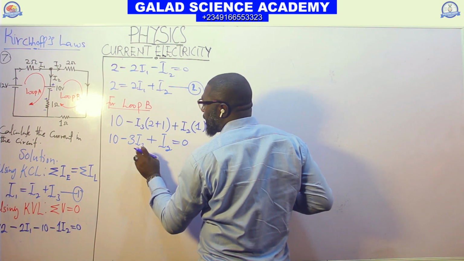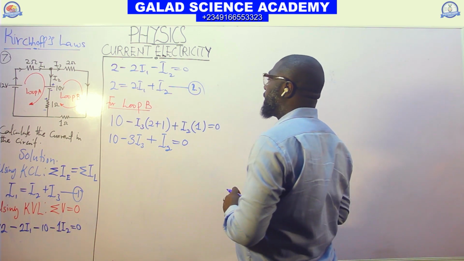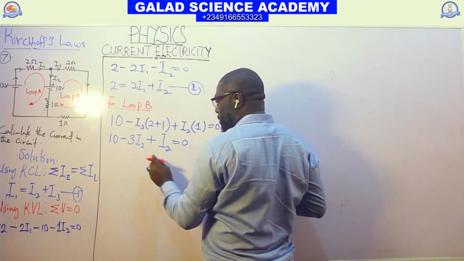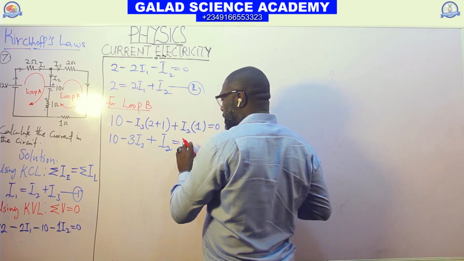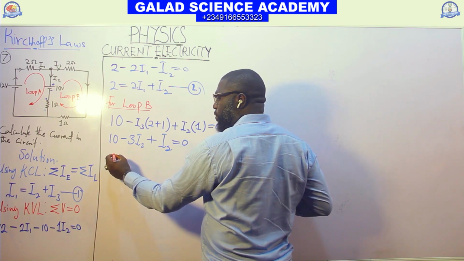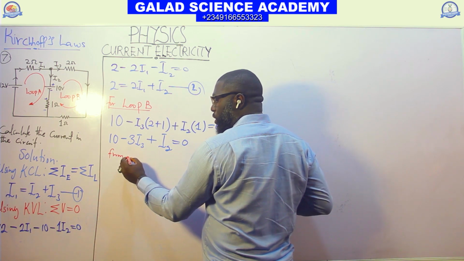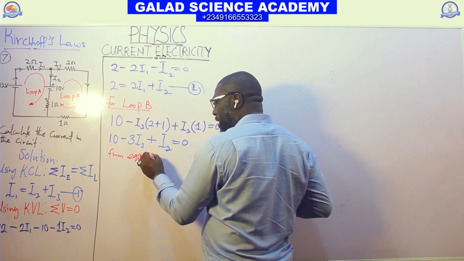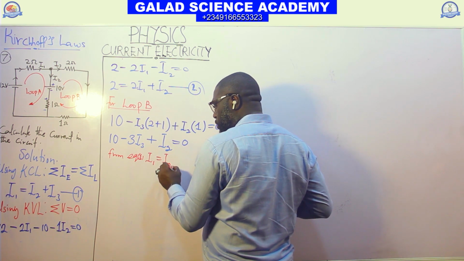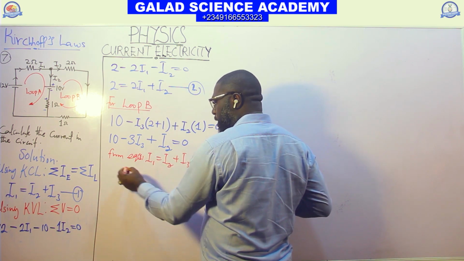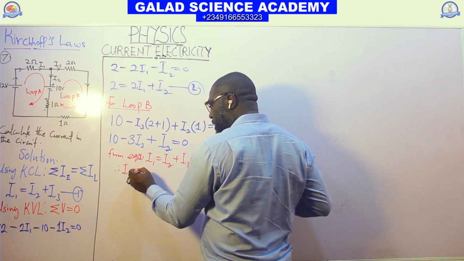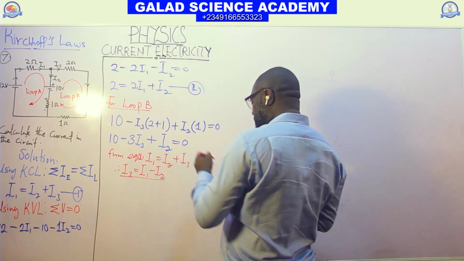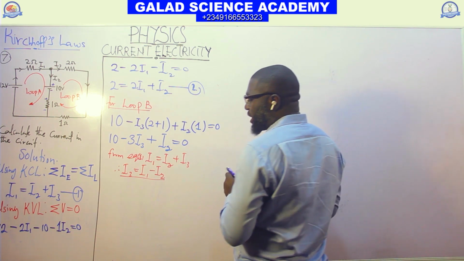Let's substitute for I3. What is I3? From equation 1, where we have I1 equal to I2 plus I3, therefore the I3 here will be I1 minus I2. I want to remove the I3 from my equation.